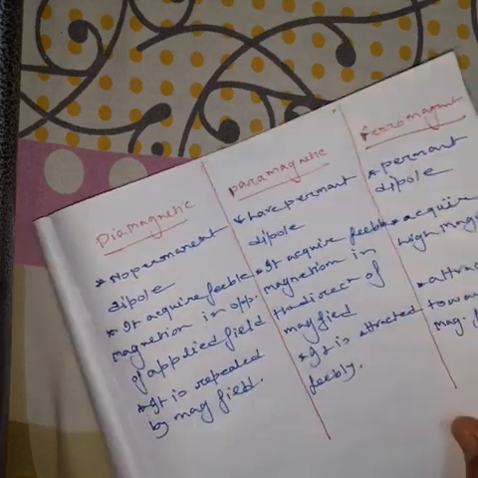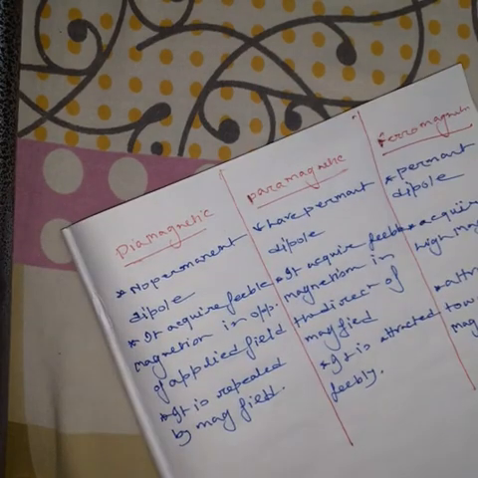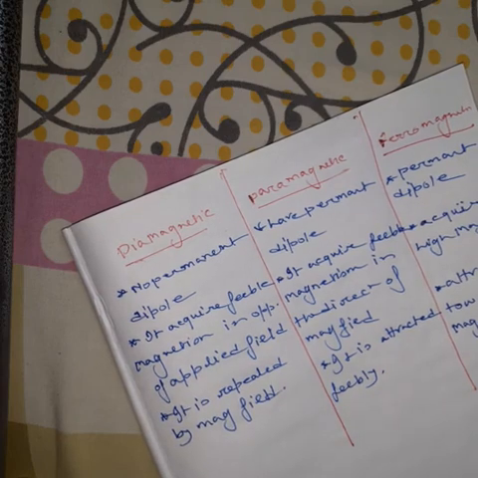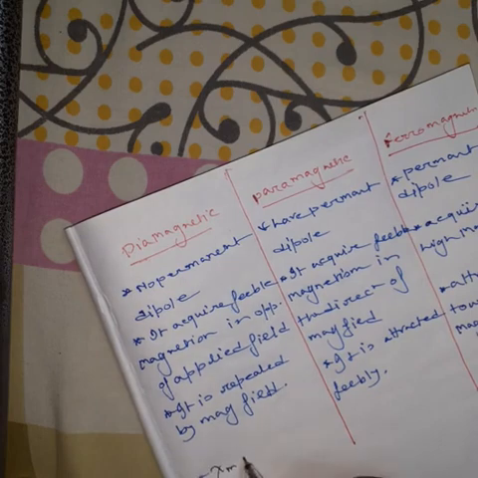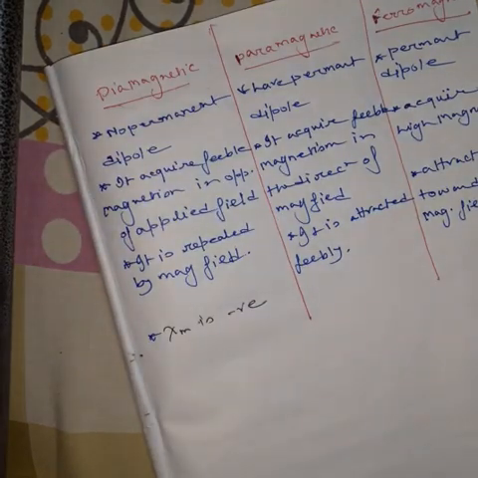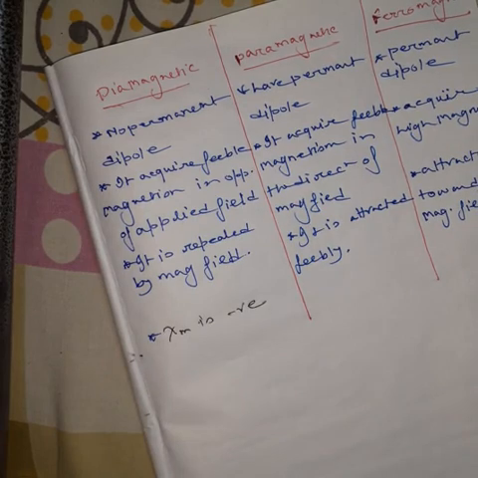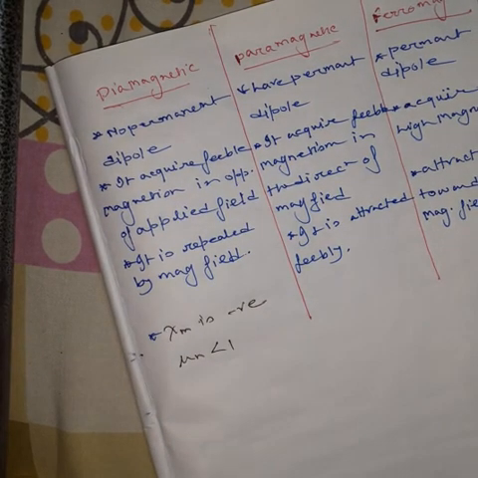Now let us try to understand this quantitatively with some values. Why is this happening? Because here chi m, that is susceptibility, is negative. That means the magnetic field is actually expelled out of that material, and mu r is less than 1.